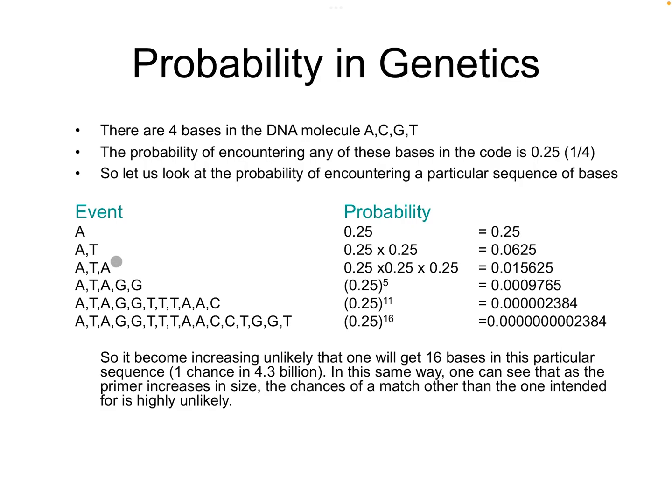For 2, if it is AT, then we can have 0.0625, or 6% chance of getting that AT. If, for example, this one has 16 bases in this particular sequence, the chance is 1 in 4.3 billion. In this same way, we can see that as the primer increases in size, the chance of a match other than the one intended is highly unlikely.